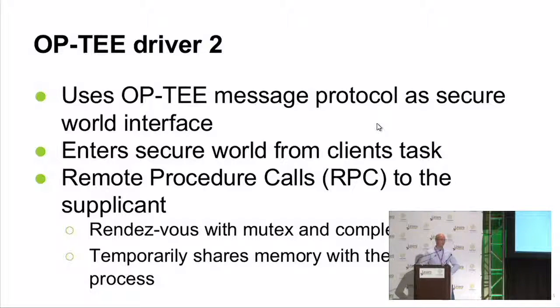Secure world is entered from the client task that does whatever request it is, so it will continue to run in that context. If we look at what the kernel sees, the time consumed by secure world will be put on the calling task, so to speak.